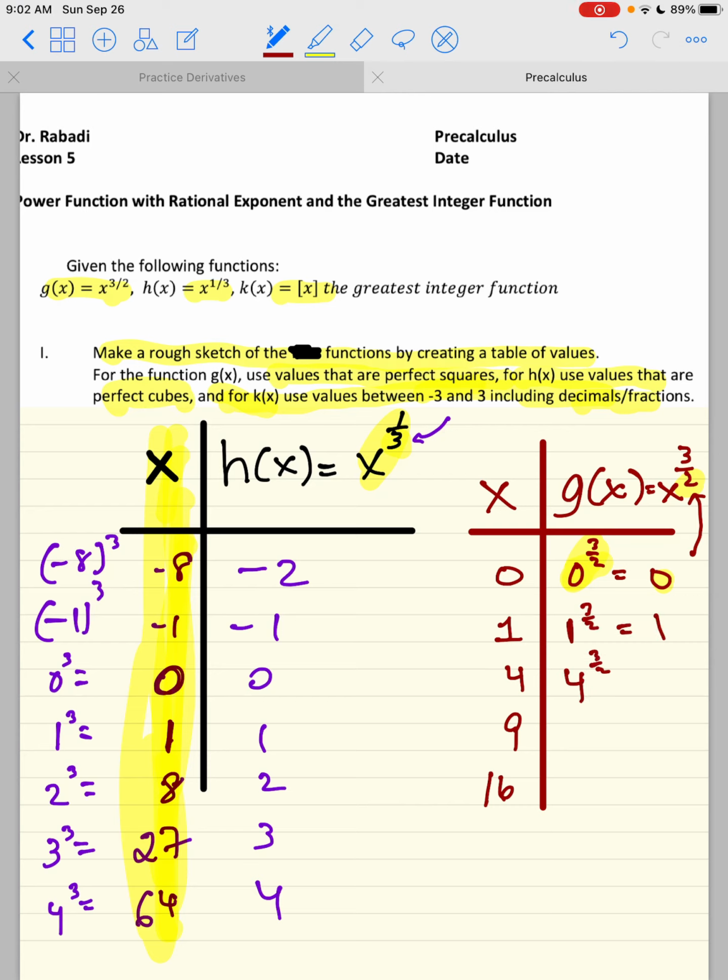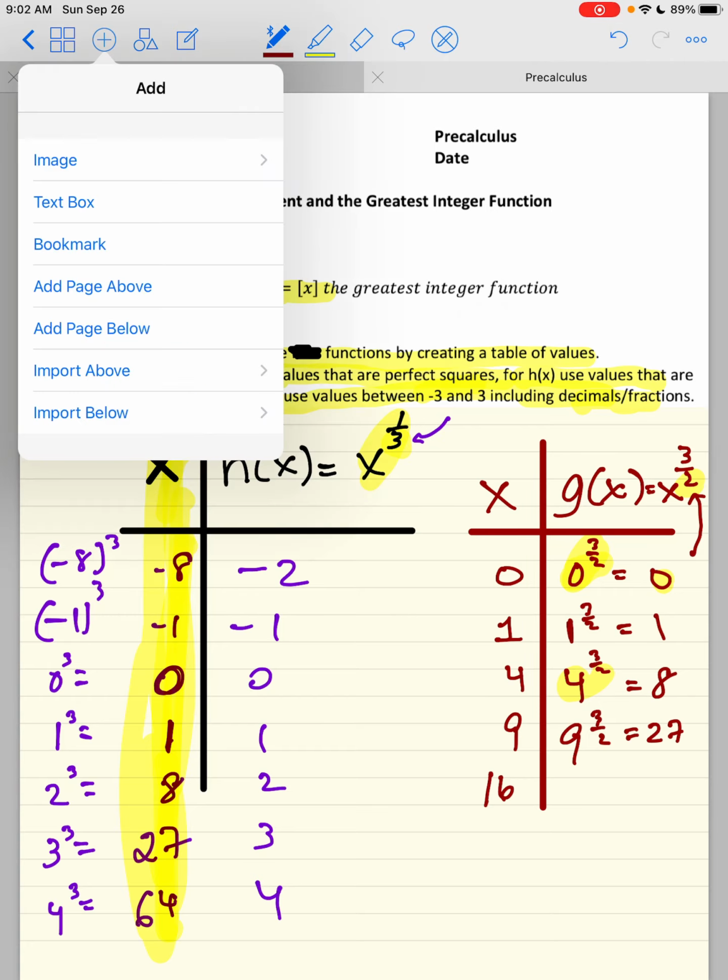How do we read this? What number do I multiply twice to give me 4? 2. 2 to the third is 8. What about this number here, 9? What number do I multiply twice to give me 9? 3. 3 to the third is 27. I'm not going to do the next one because it's going to be large. It'll be 64. So we go 0, 1, 4, 9, 16.